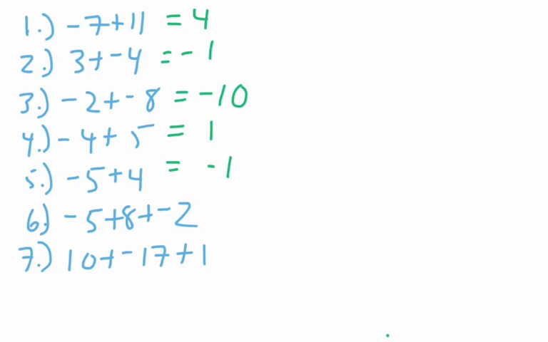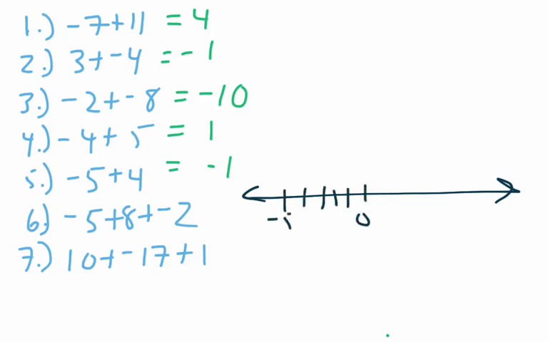All right, for the next one, we've got 0, 1, 2, 3, 4, 5. 1, 2, 3, 4, 5.